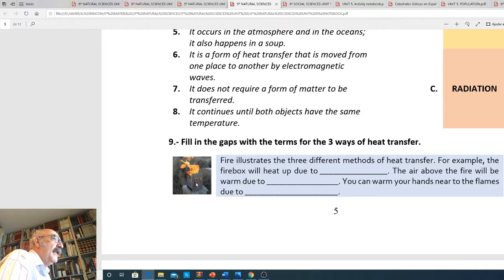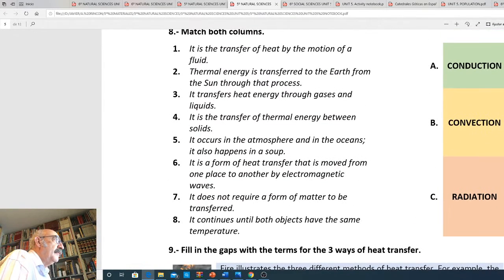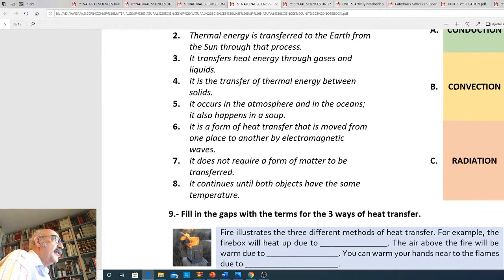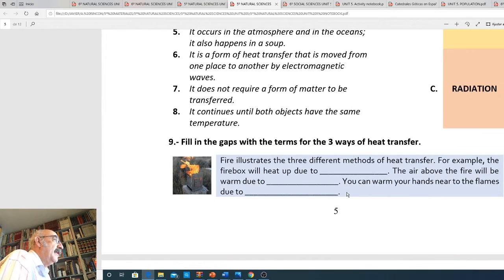So this is a solid, inside there is another solid, and the correct answer here is conduction. Good. The air, a gas above the fire, will be heated up due to convection. Good. And finally, you can warm your hands near the flames due to, not in contact, so radiation.